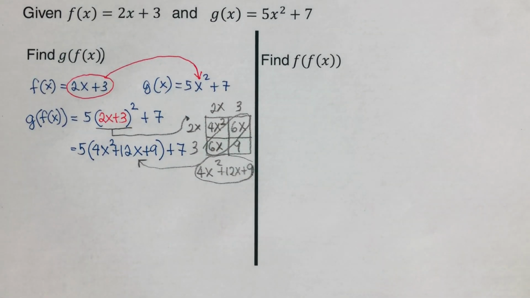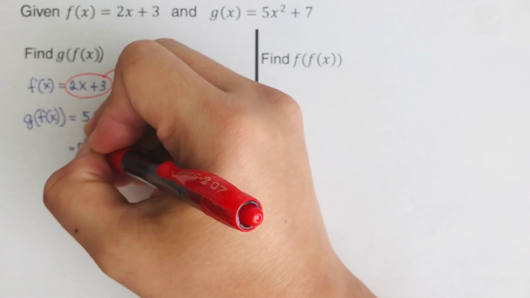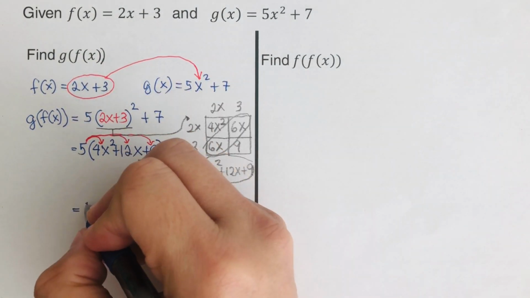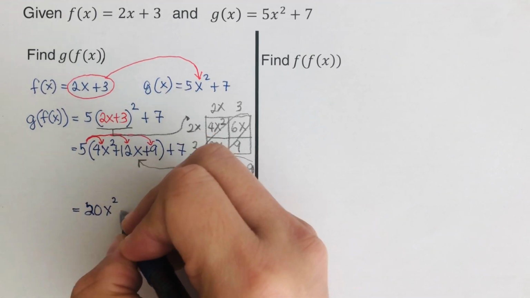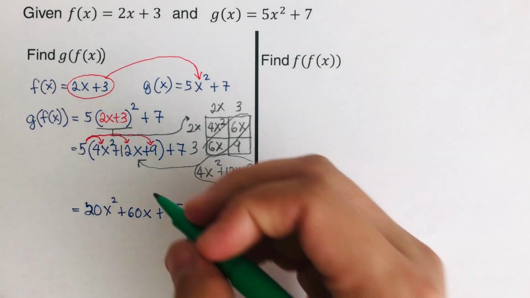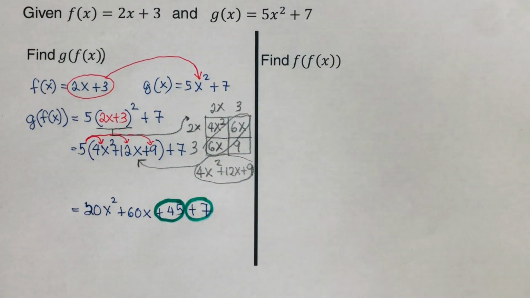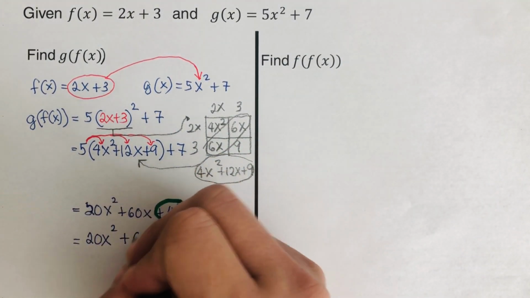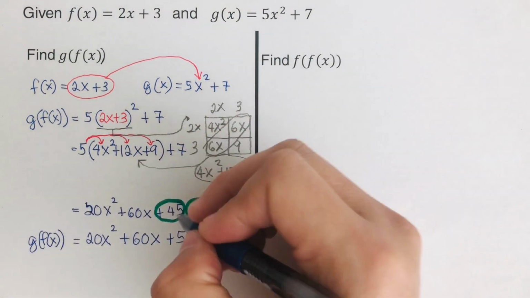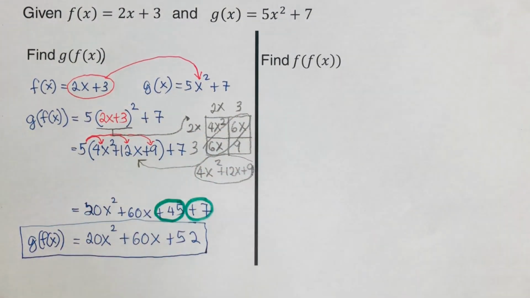Then we distribute the 5 to each of the terms inside the parentheses. So this is our g of f of x.